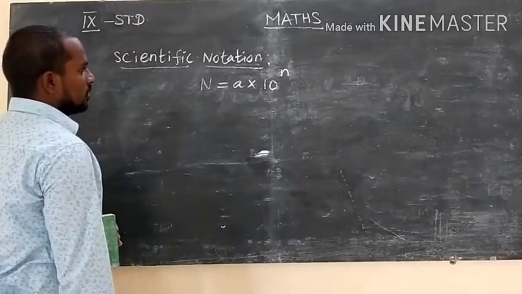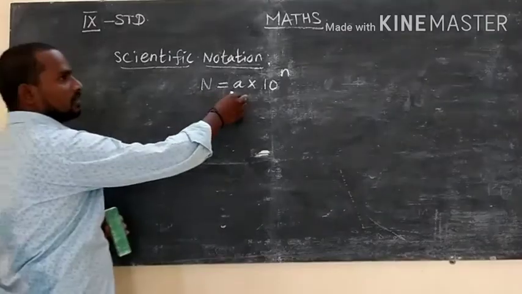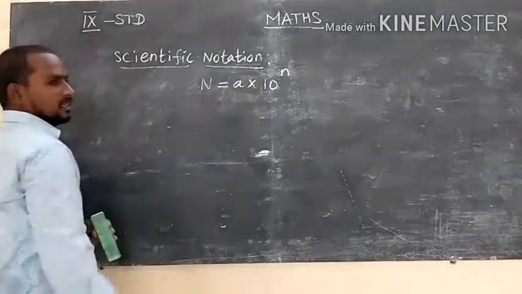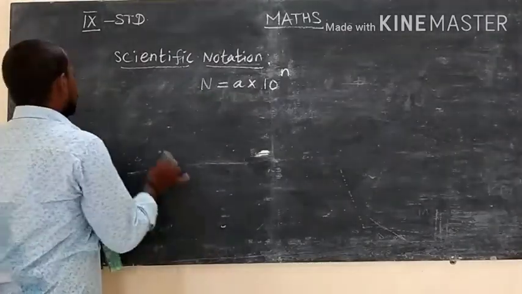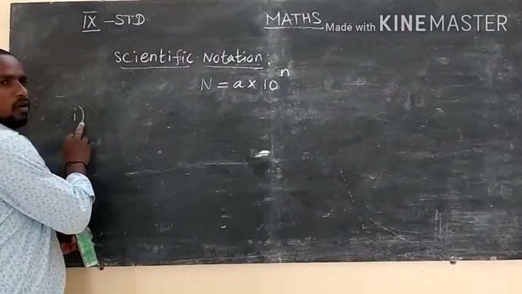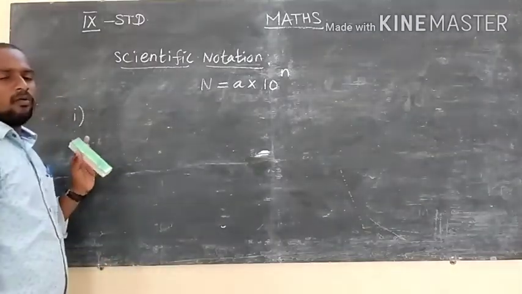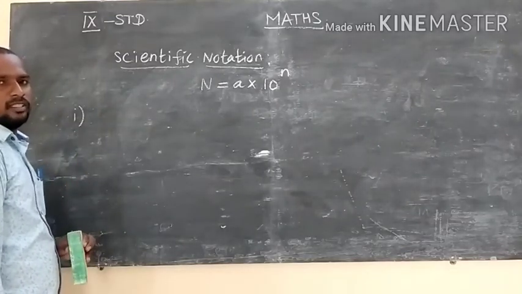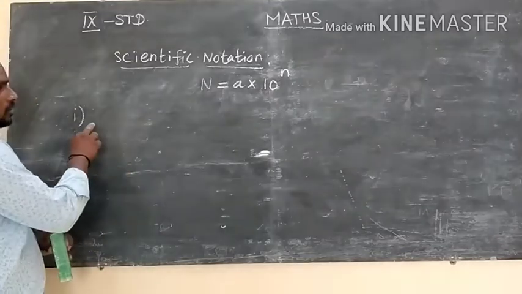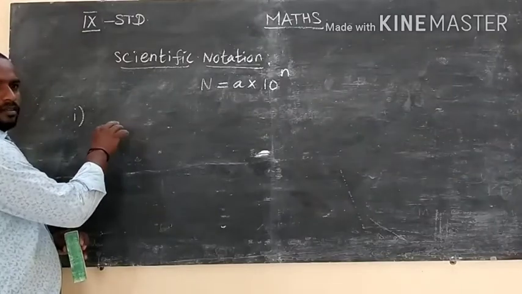In this slide we get 3 steps. The first condition: move the decimal point so that there is only one non-zero digit on the left side.